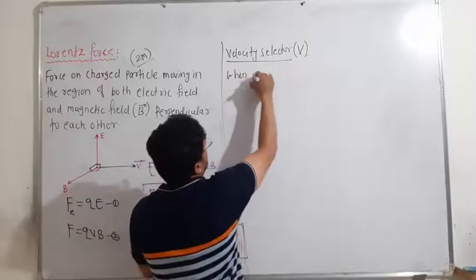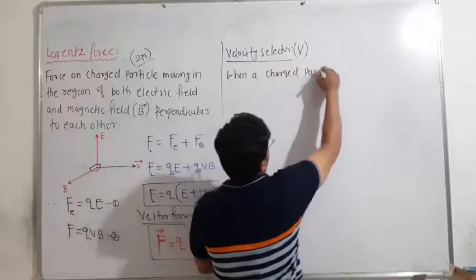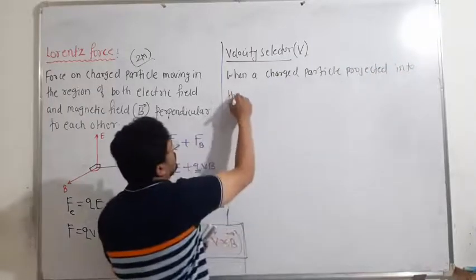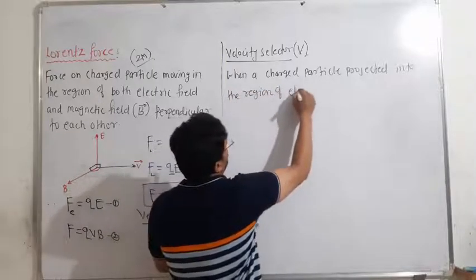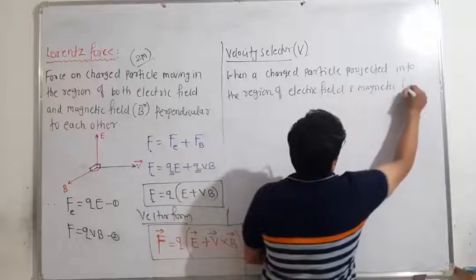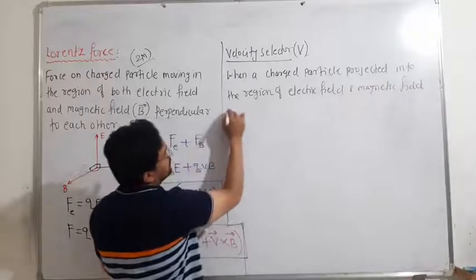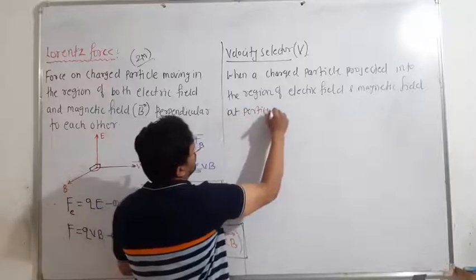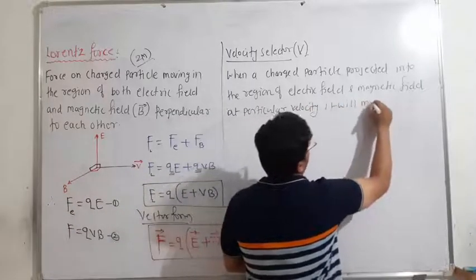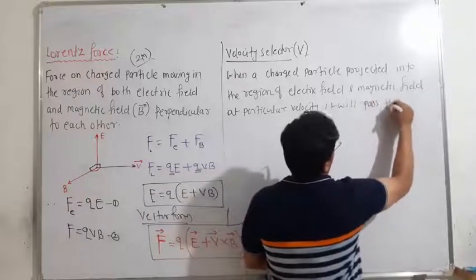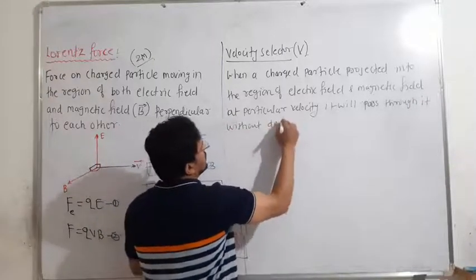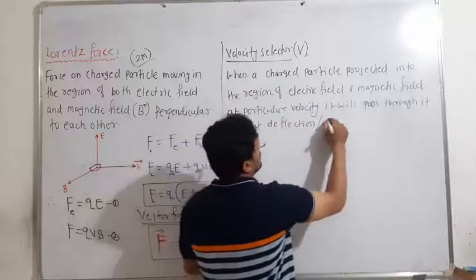When a charged particle is projected, meaning thrown, into the region of electric field and magnetic field at a particular velocity, it will pass through without deflection, or without changing its direction.